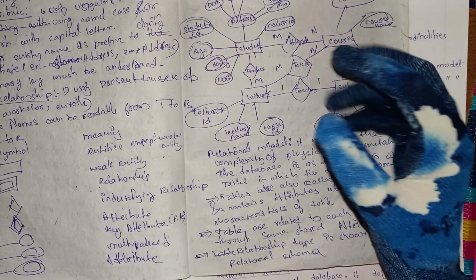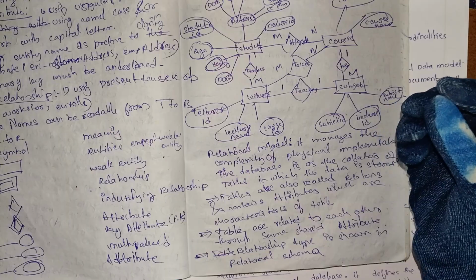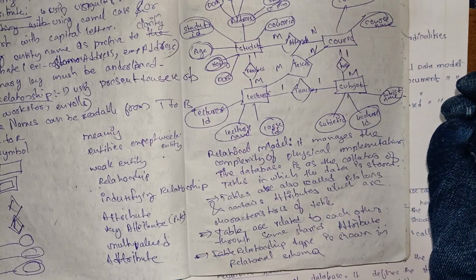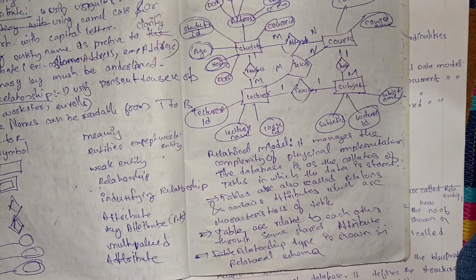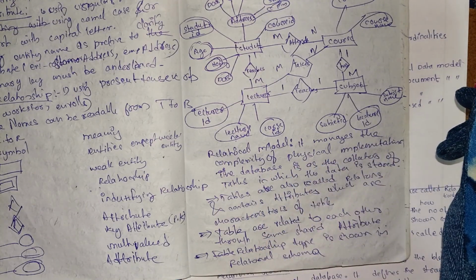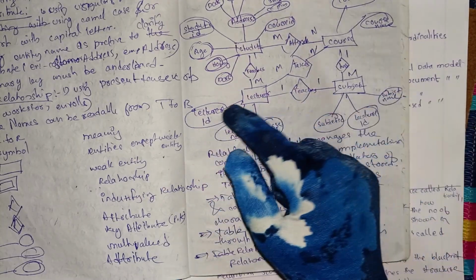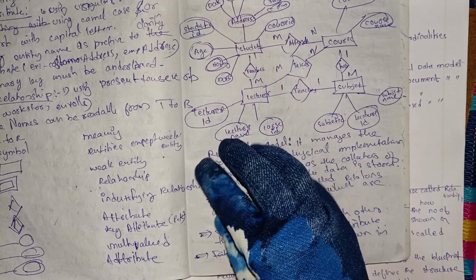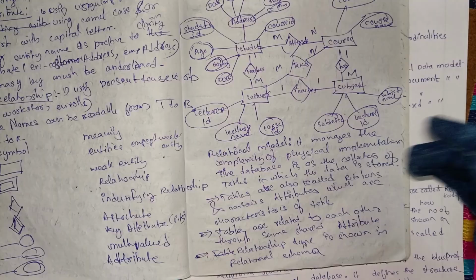For example, if a student is an entity, then their attributes will be age, gender, branch, etc. The entity represents the table name and the attributes represent the column names in the table.